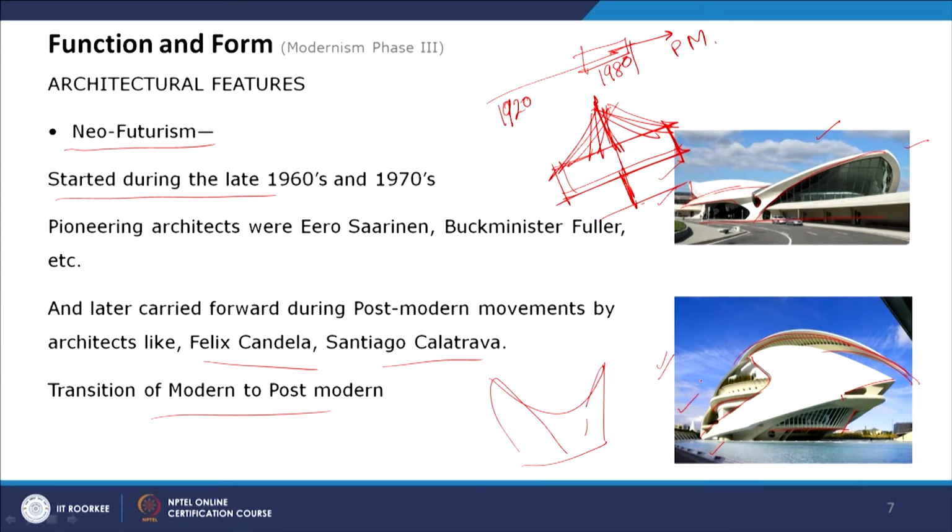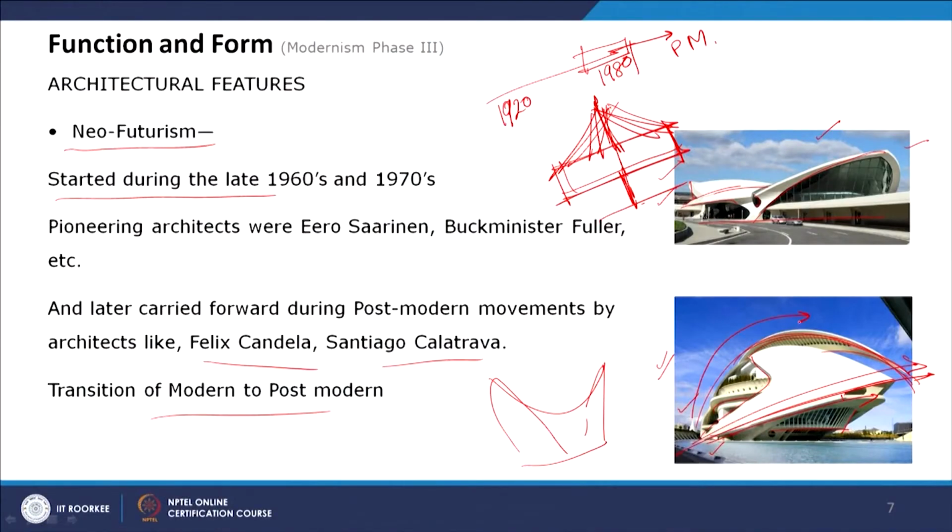Now if you look at Calatrava's design, because of these curves, they give a dynamic direction to this building, and there's a sense of direction. Then this huge overhang also catches the eye, and there will be eye movement because of this dynamic line.